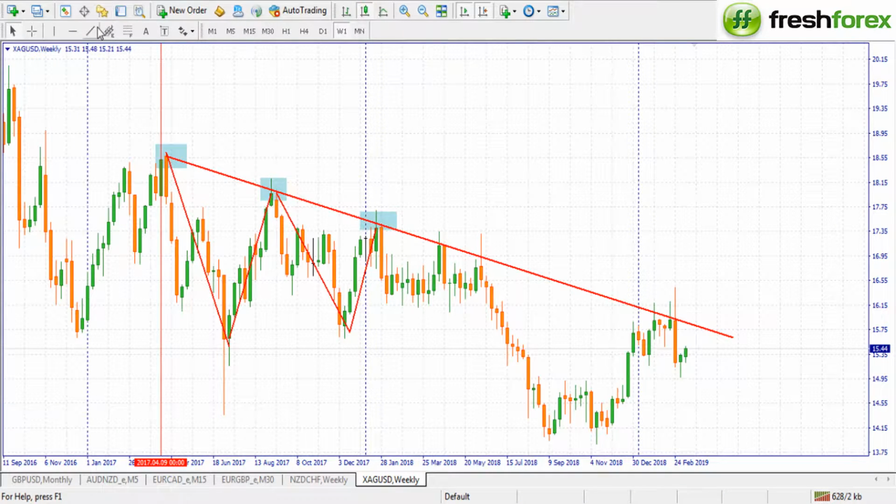Then price continues down, then comes back to the same place. This is another lower high. Then it continues downwards before it comes back to the same place. This is another lower high. Then price continues even lower before it gets back to the same place. This is another lower high.